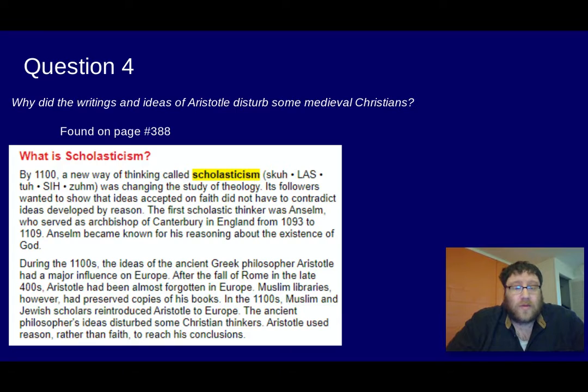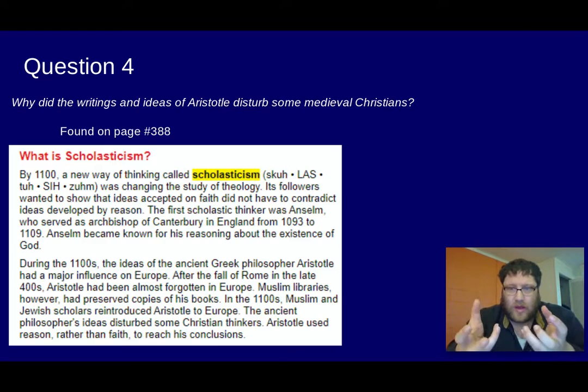In the 1100s, Muslim and Jewish scholars reintroduced Aristotle to Europe. The ancient philosopher's ideas disturbed many Christian thinkers because his ideas used reason rather than faith for his conclusions.